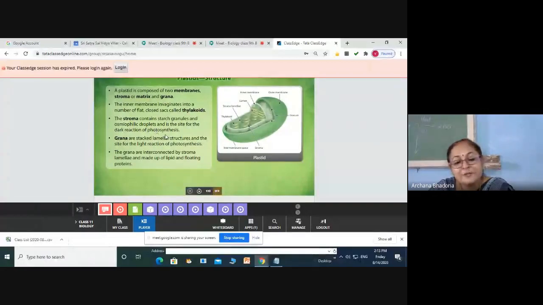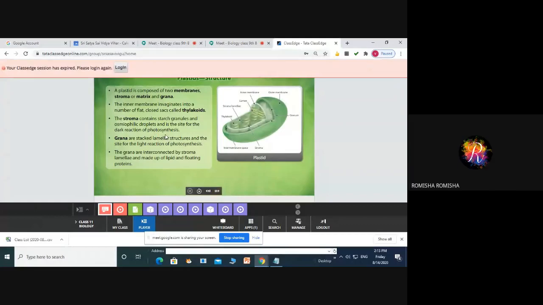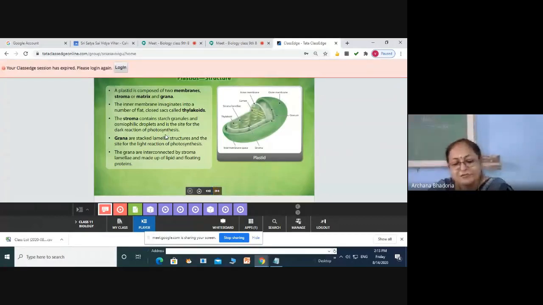These enzymes will be needed for which process? Photosynthesis. Very good. So write down enzymes needed for photosynthesis.